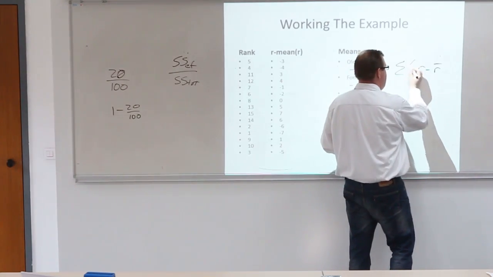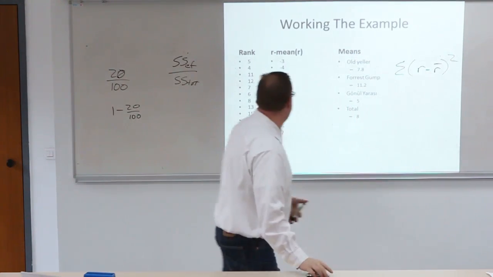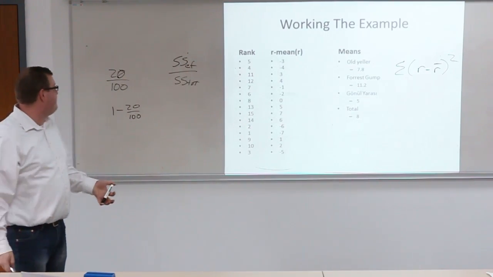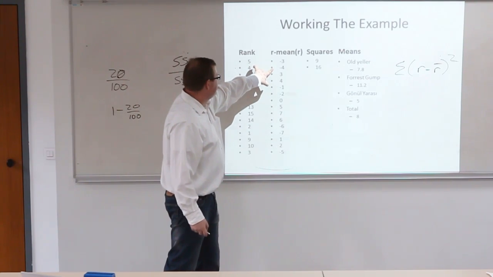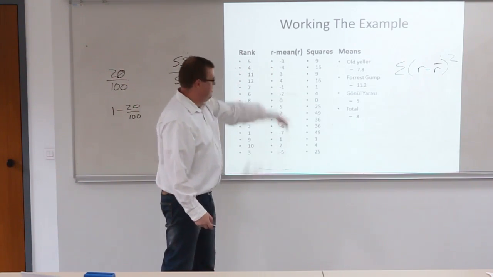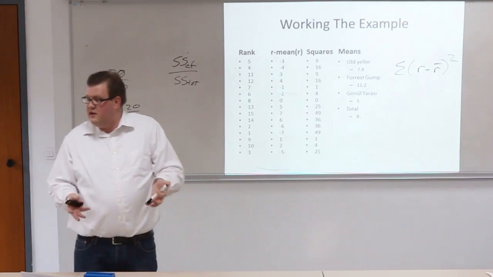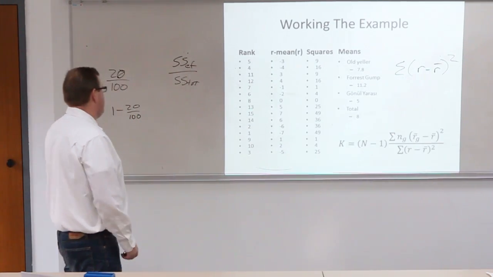We're doing a sum and a square, right? So we also need to square these deviations. So what's 9? 16, 9, and we've got the rest. Basically we're just getting deviations, or differences, and squaring them. We're going to need to sum them all up too.